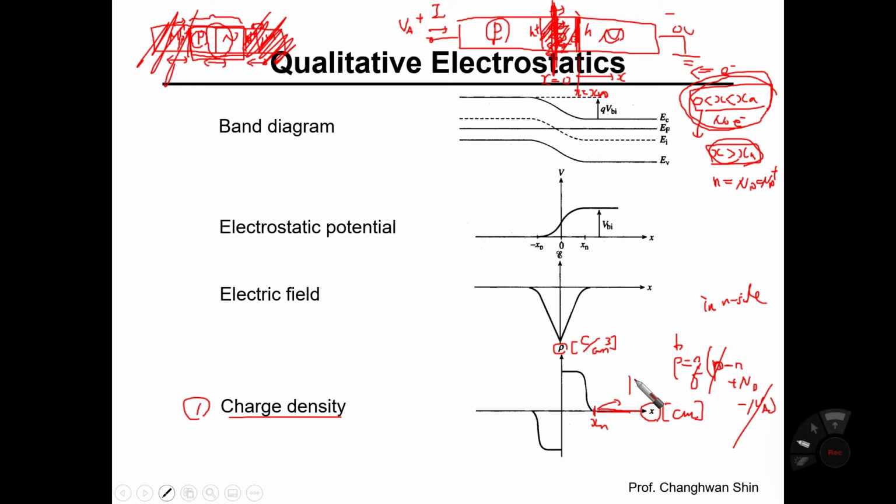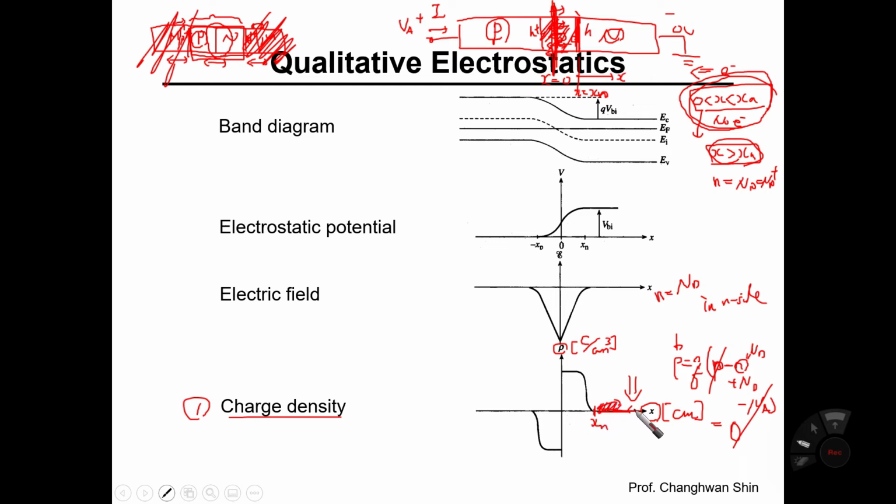In this region, the number of electrons is determined by the donor atoms, so n is equal to Nd. Plugging in Nd, minus Nd plus Nd, therefore rho is 0. Physically speaking, all the free electrons coming from the donor atoms are electrostatically balanced with positively charged donors, so the charge density is 0 in this region.